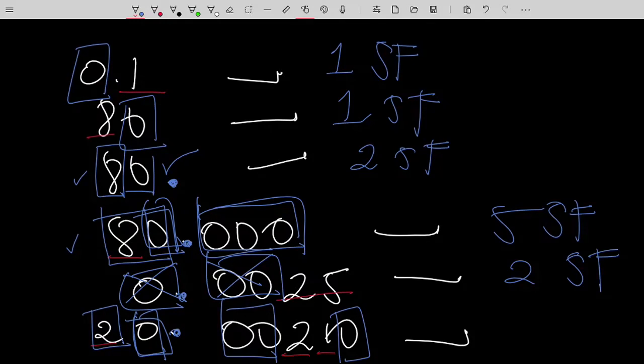Now applying the rules again, when there is a 0 right after the decimal point and it follows a leading non-zero, then this 0 right here will be significant. We also know that trailing zeros with a leading non-zero will be significant also. So here is actually an example of significant. So all in all, we have 1, 2, 3, 4, 5, 6, 7. So we have 7 significant figures here.